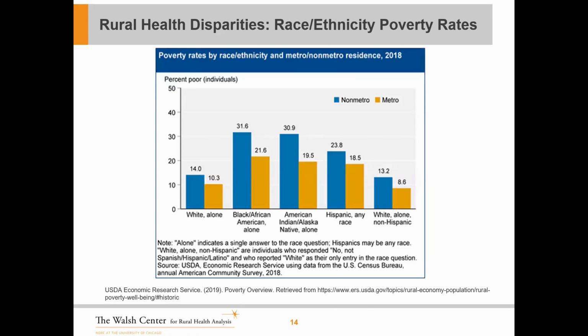We also see differences across racial and ethnic disparities, and again, the highest proportion of people living in poverty are rural residents who are Black or African American, as well as American Indian and Alaska Native. And across all racial and ethnic populations, you can see that our rural residents live at a higher percentage of poverty than urban.